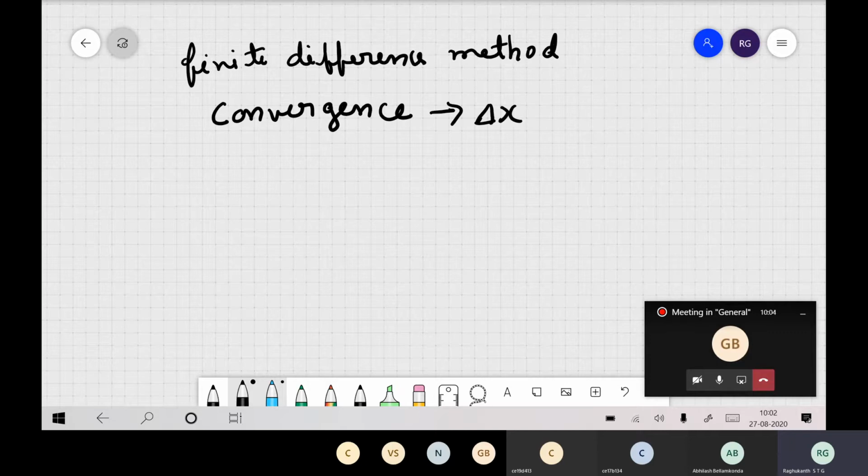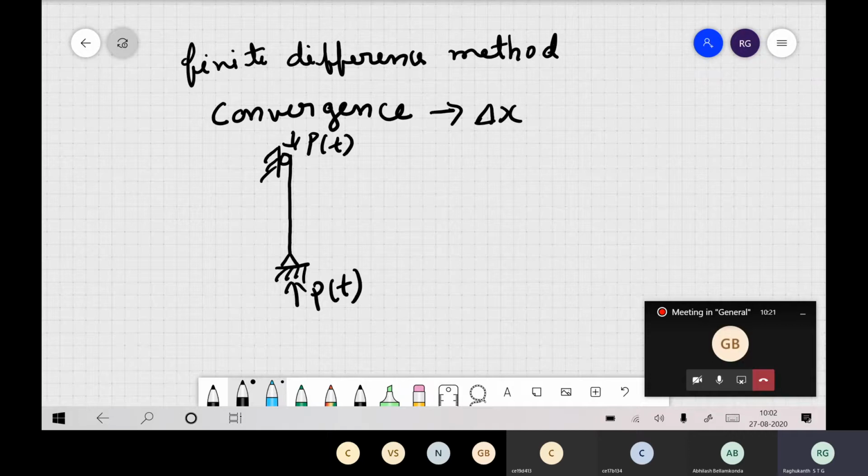But now here in the finite difference, the only problem is, this is sufficient, but if you have a simply supported column and then you have this load P. Suppose this P is also a function of time, then the convergence will have a different issue.